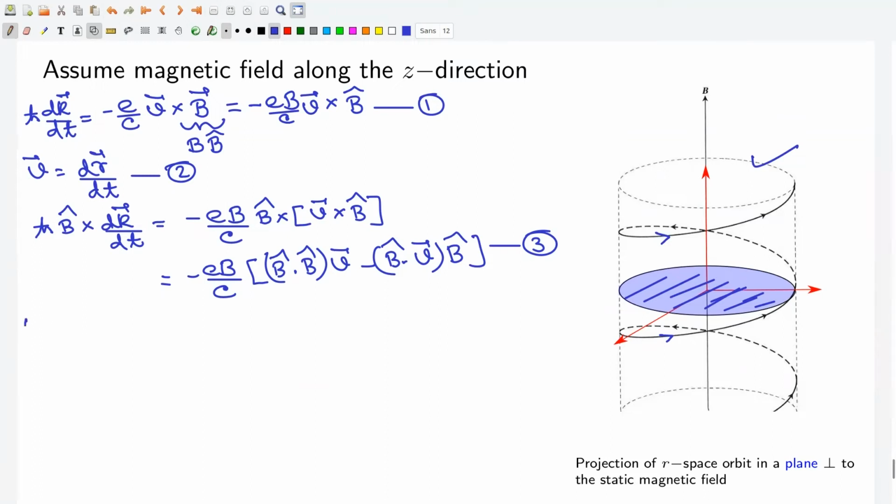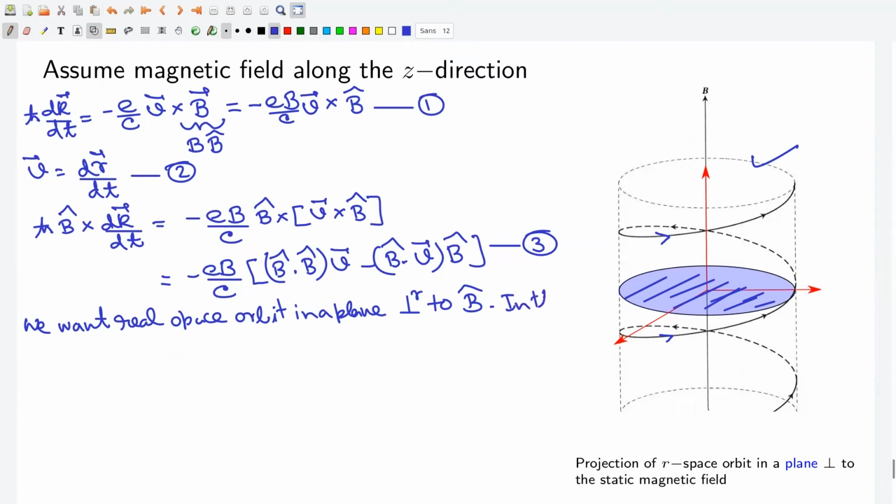Thus, we want the real space orbit in a plane perpendicular to B.